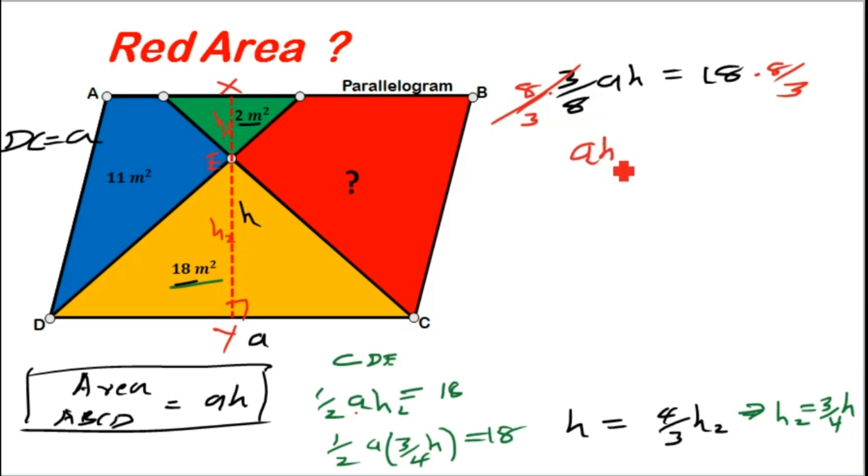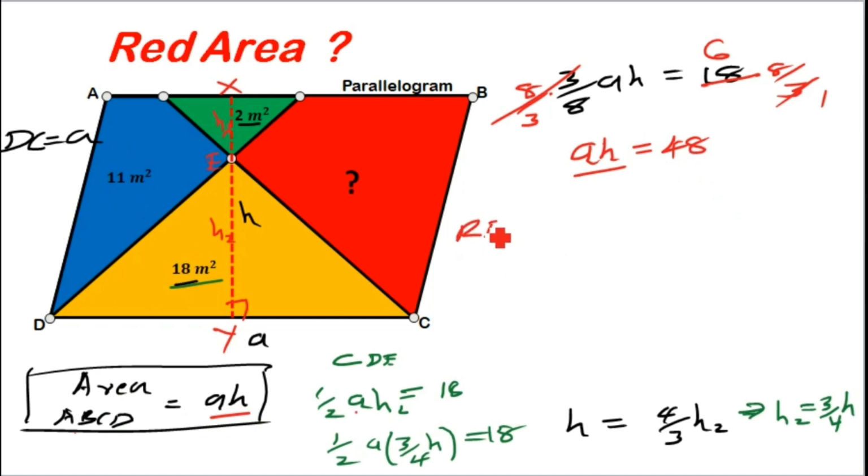You remain with AH equals, 3 goes into 18 six times, and 6 times 8 is 48. And what is AH? AH is the area of the parallelogram ABCD, meaning this is the area of the parallelogram ABCD.